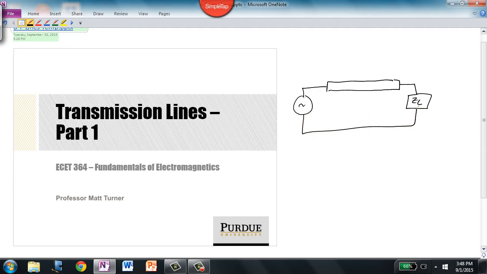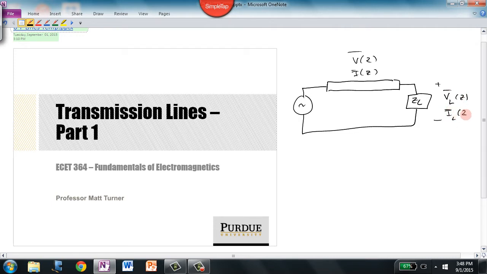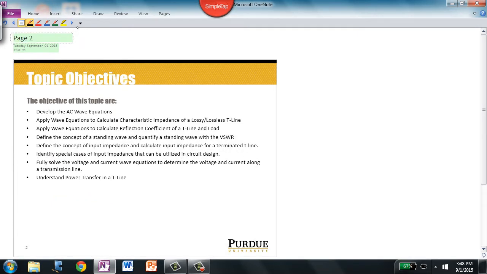And we want to be able to predict what the voltage and current along the transmission line are, and then also what the voltage and current at the load are. So that's what we're going to be doing in this video and then the next two video sections.